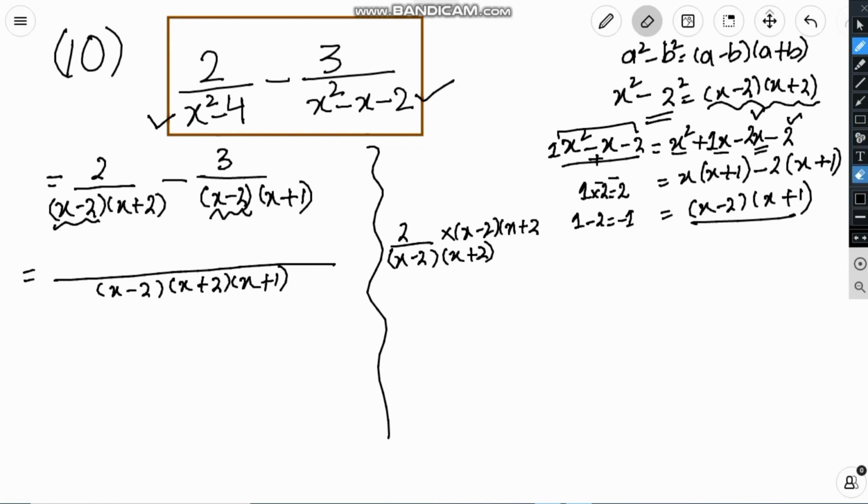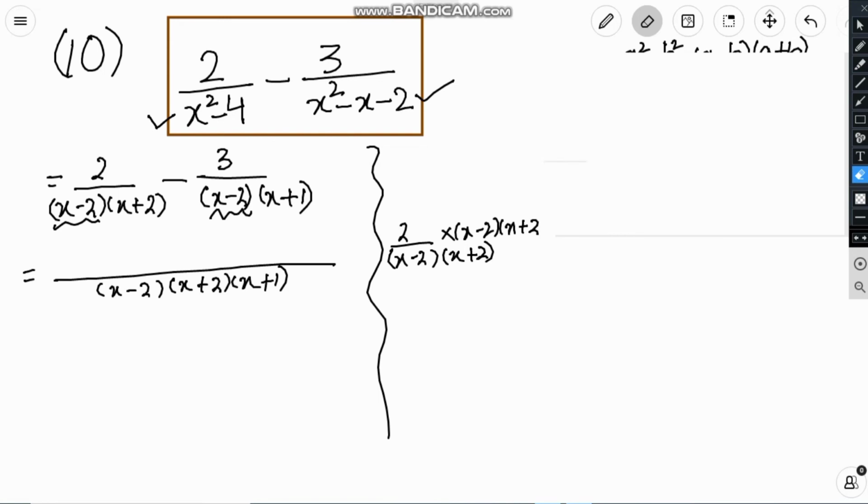First remove it, as this is disturbing us. Right here what remains, x plus 1. You can cancel x minus 2 and x plus 2 again. What remains here, 2 into x plus 1.